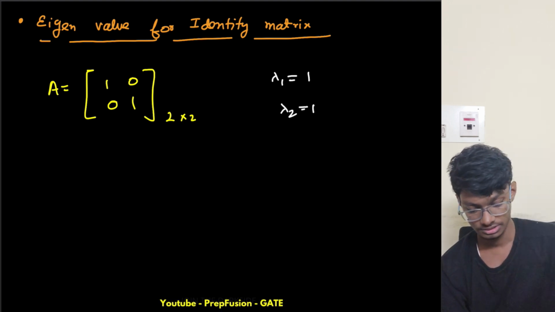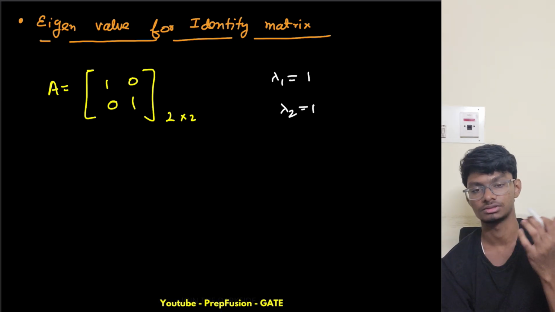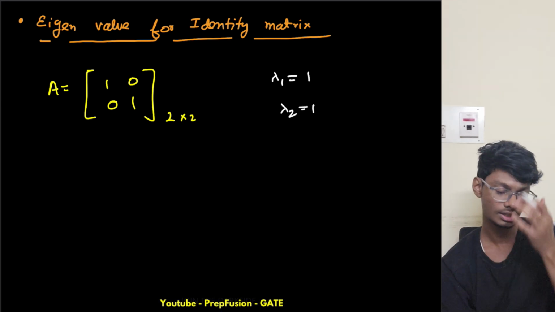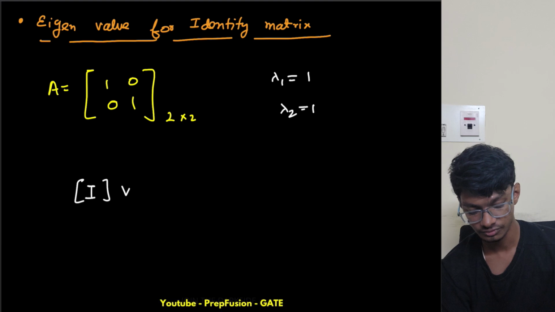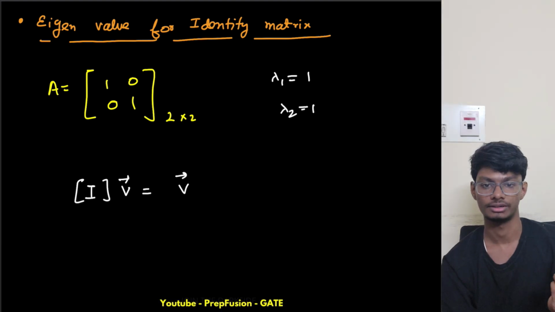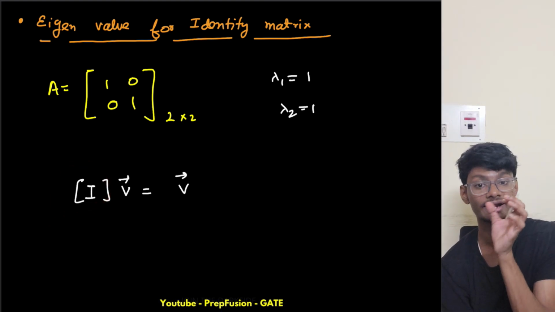How? Just keep one thing in mind, that this is the identity matrix. If I multiply the identity matrix with a vector, I will always get the vector back. That is the main property of the identity matrix. The name suggests, identity.